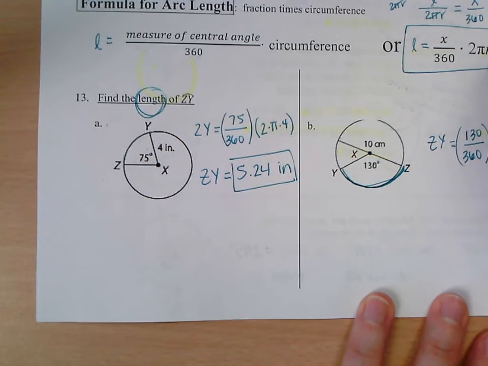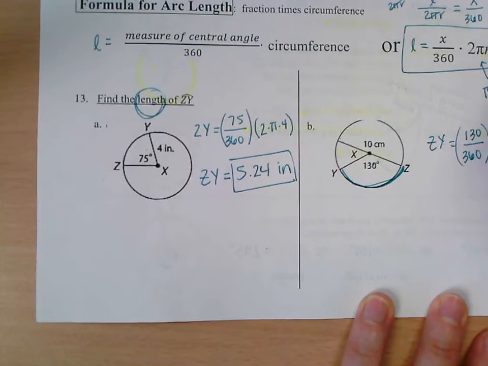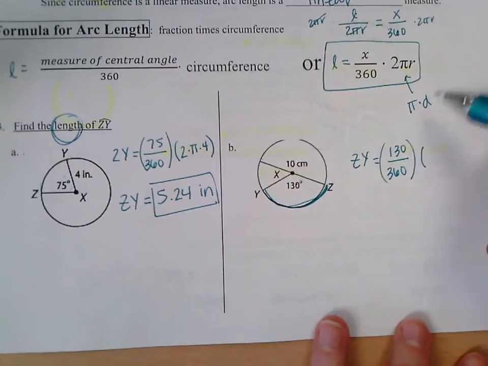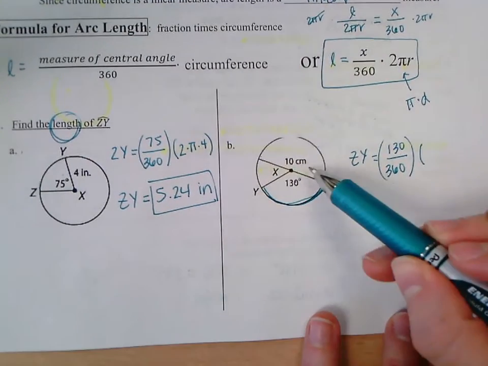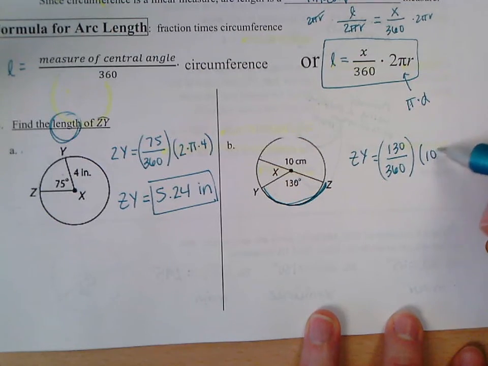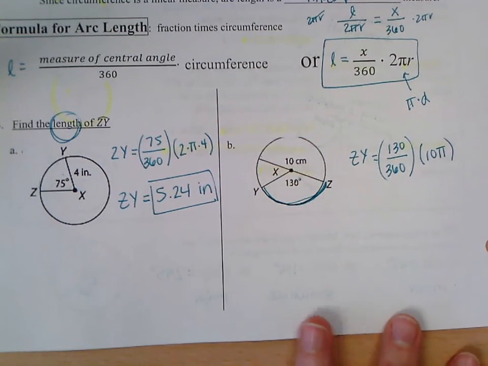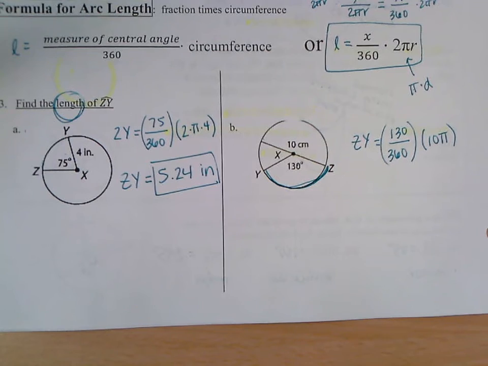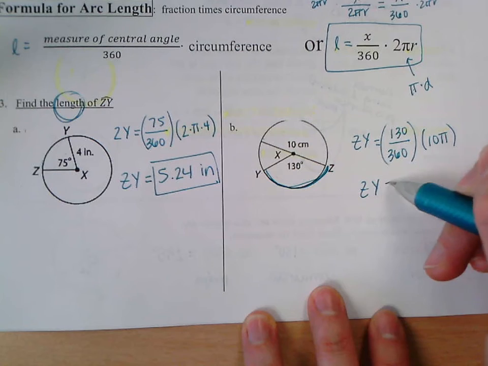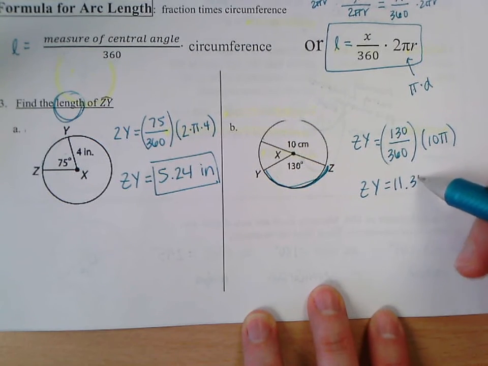Remember, you can also do pi times diameter. So that would be pi times 10, or 10 pi, would be the circumference. Then I can type that in my calculator: 130 divided by 360 times 10 times pi. That would be approximately 11.34 centimeters.